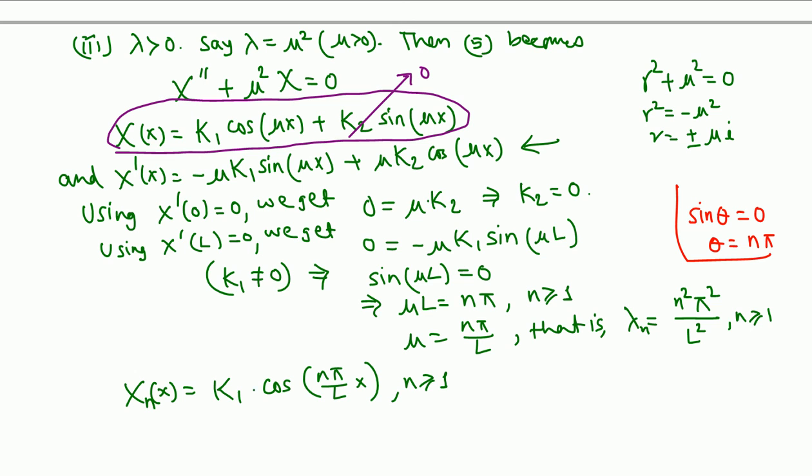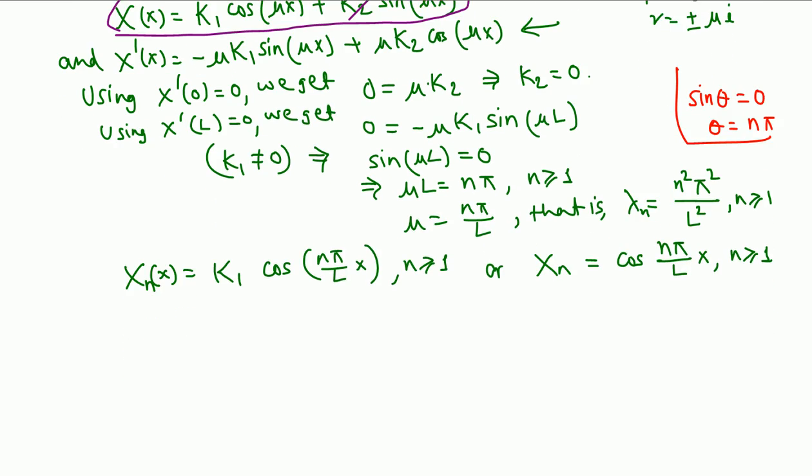And now, constant times a function, we can simply take the constant to be 1, so x n, the solutions are, just take 1 times cosine n pi over L x for n bigger than or equal to 1. Okay, so these are the non-trivial solutions. So we are halfway done.